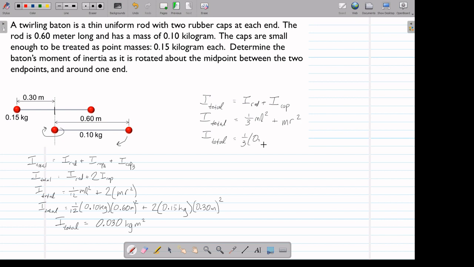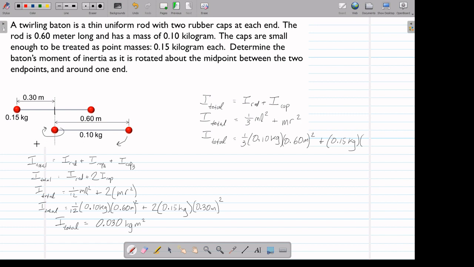Plug in the numbers that we know. Mass of the rod is 0.10 kilograms, multiplied by the length of the rod, which is 0.60 meters squared. The mass of the end cap is 0.15 kilograms.